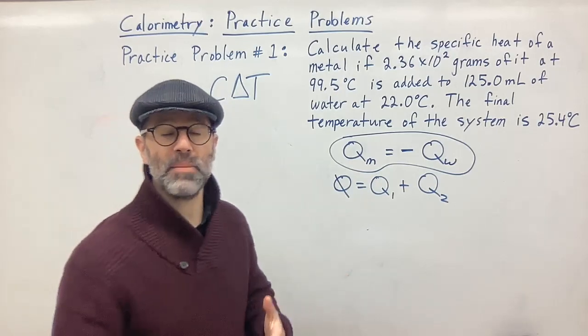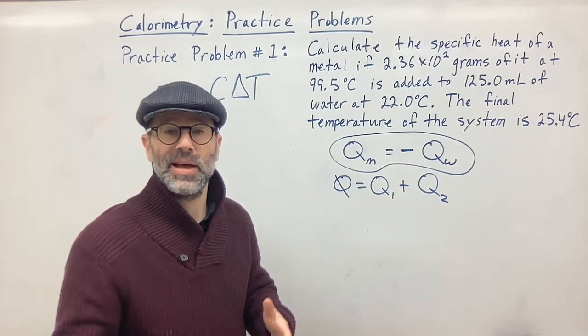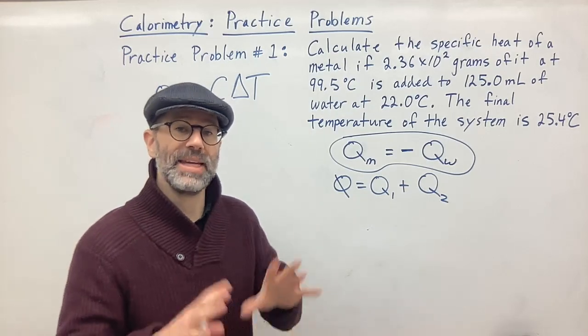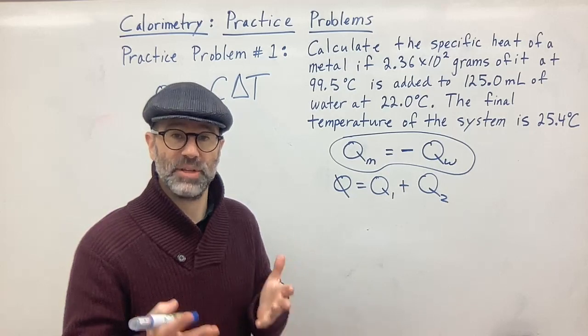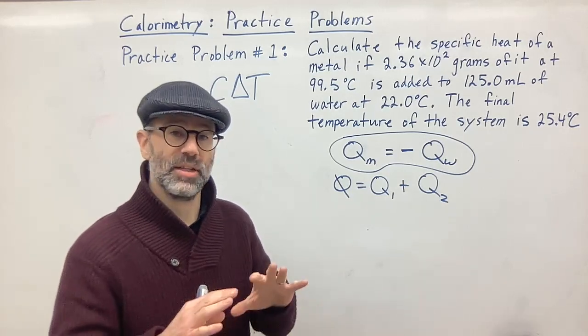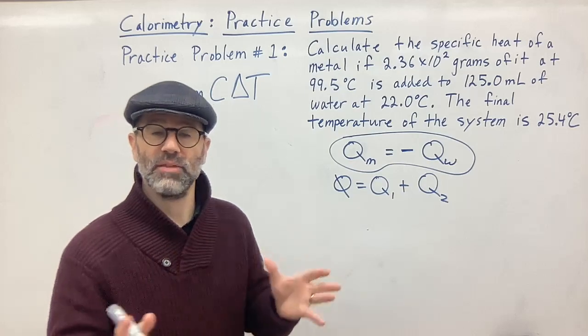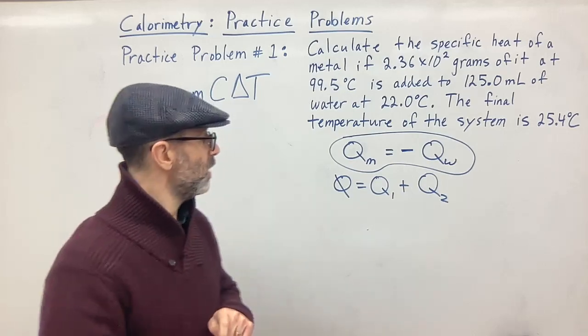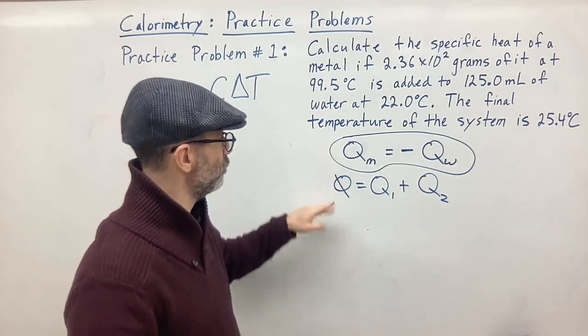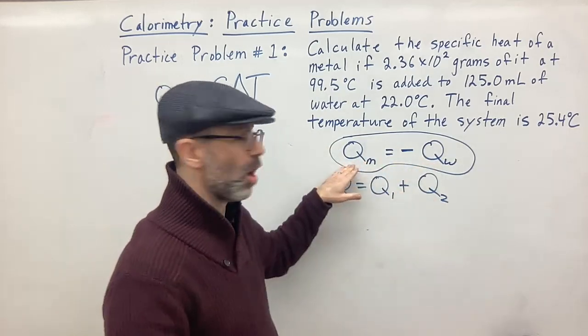And so you've got to remember, whichever side is losing energy, you're going to end up with a negative magnitude of the energy on that side. But no worries, if you handle the negatives, all of the math should work out, regardless of what equation you use and regardless of what side you put water and metal on.